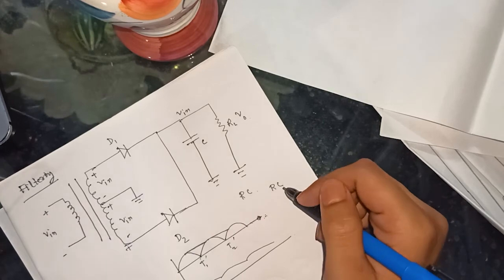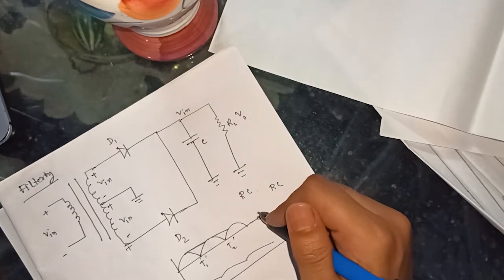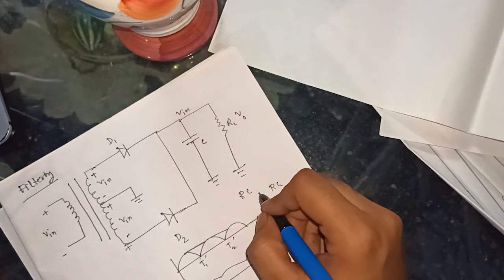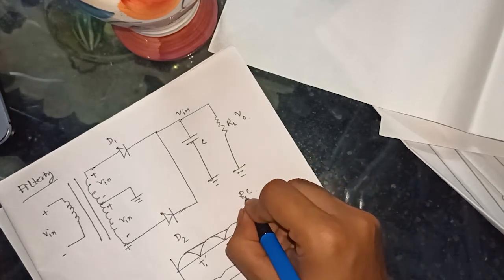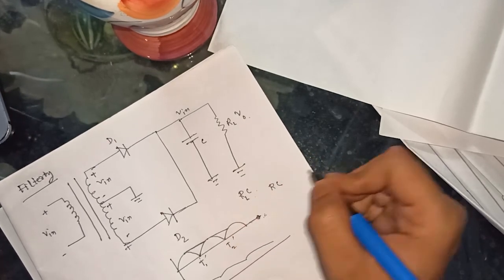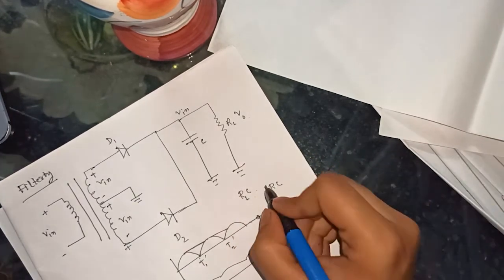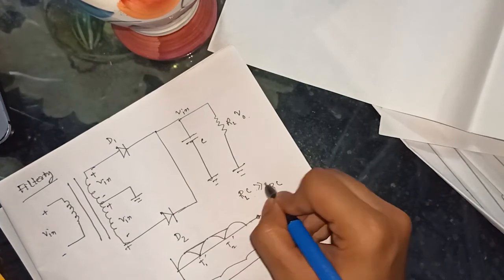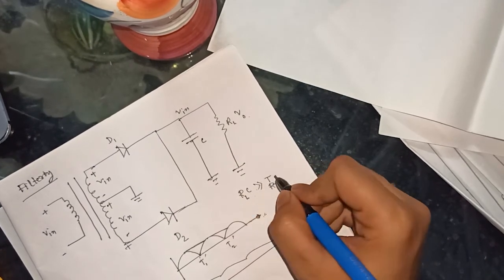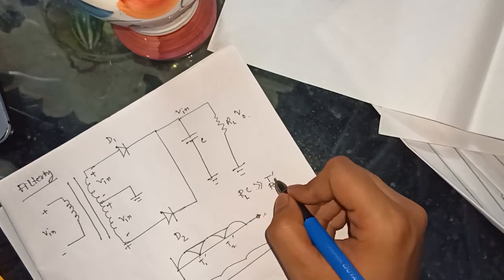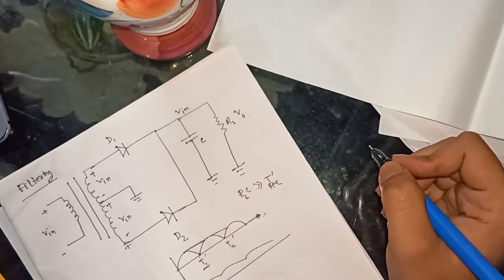For better ripple rejection, the RC time constant, where R is RL here, should be greater than the time period, which is T dash. Here you can see.